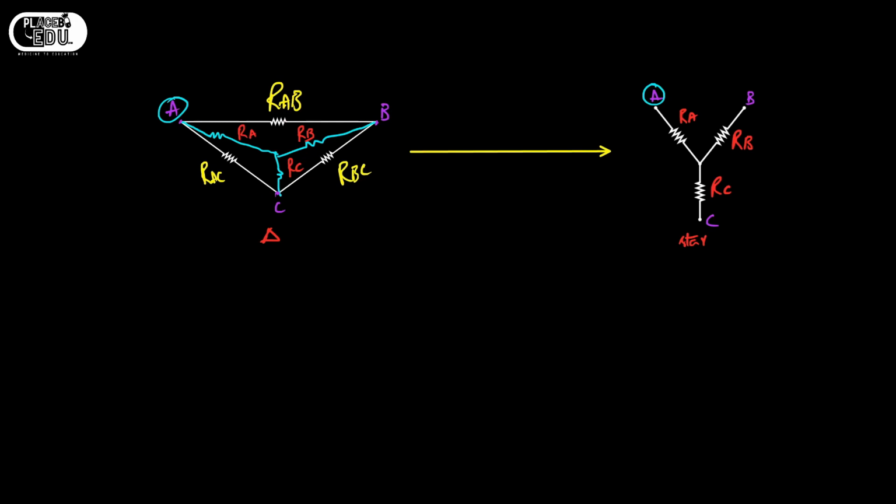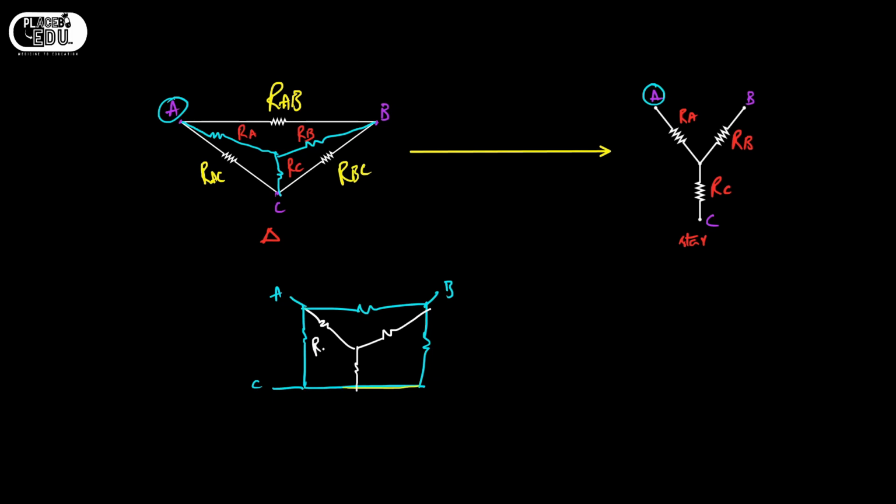Sometimes the delta need not be like this, it can be like this. Understood? This is A, this is B and this is C. Since this is a conductor, this total is C. So for this circuit I have to draw the star like this: RA, RB and RC.